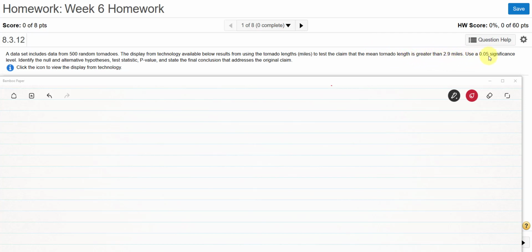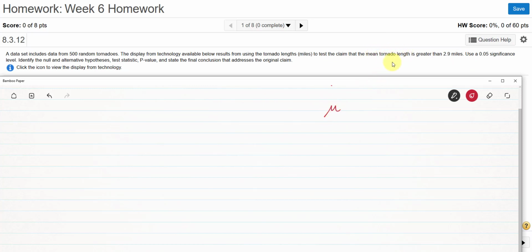Now use a 0.05 significance level, identify the null and alternative hypotheses, test statistic, p-value, and also state the final conclusion that answers the question about the claim, whether the mean is bigger than 2.9 miles. Anytime we are talking about the mean, we use the mu notation to represent the mean.